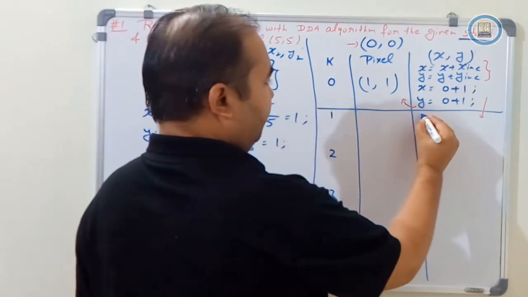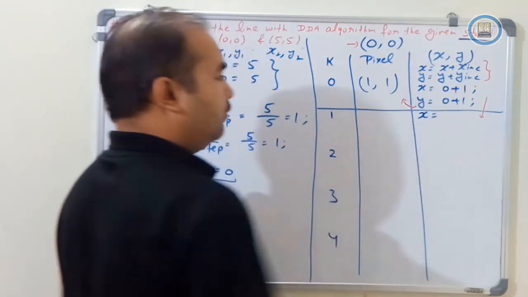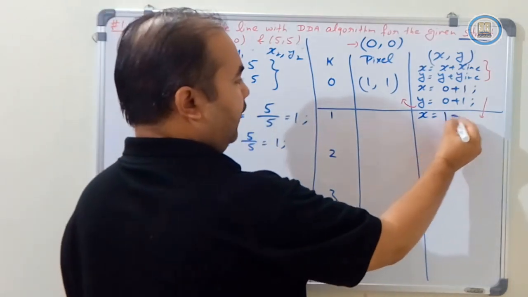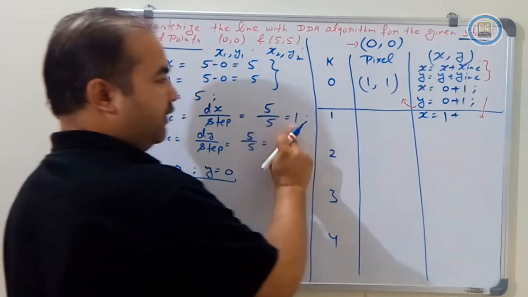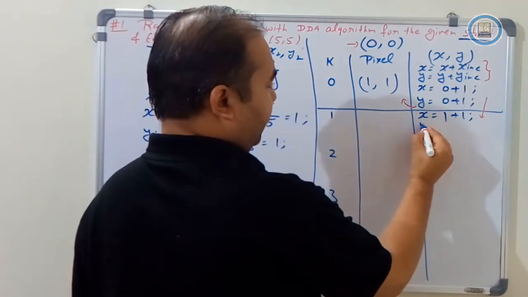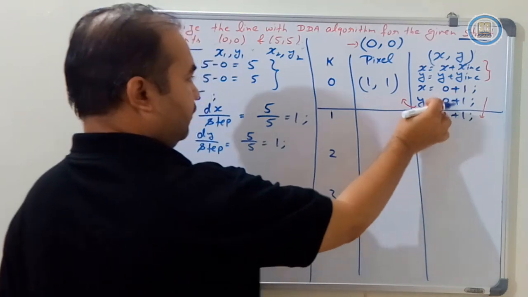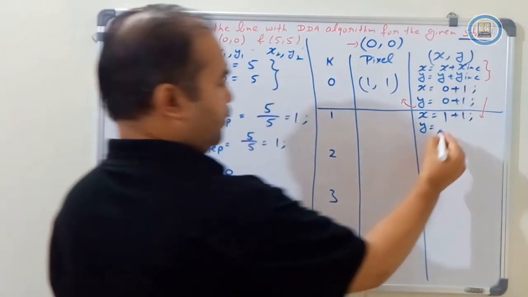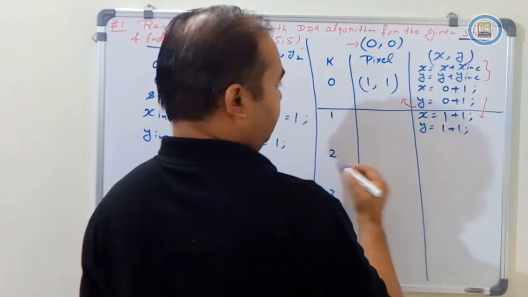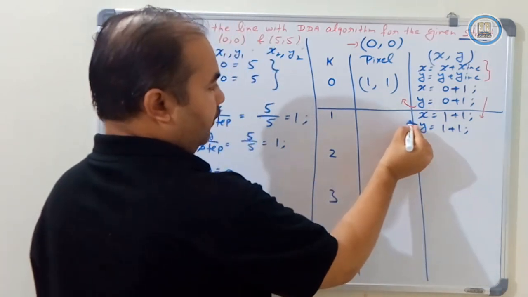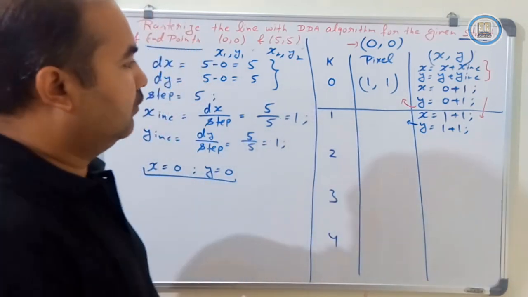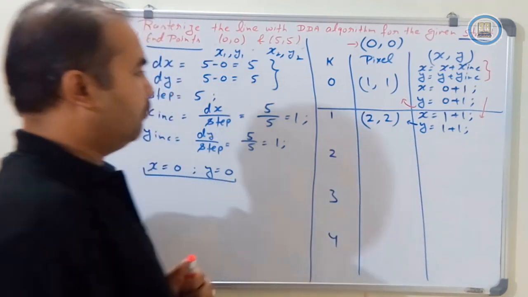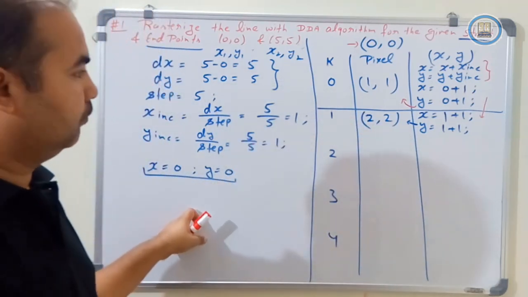So again, for the second iteration, x equal to the value of current x, the previous x is actually 1 and the x increment is already 1, so 1 plus 1, and the value of y is again the same thing, it is 1 and this is again 1, so it is 1 plus 1. So you can say that we can set the pixel value, it is 2 comma 2 at the step number 2 or iteration number 2.